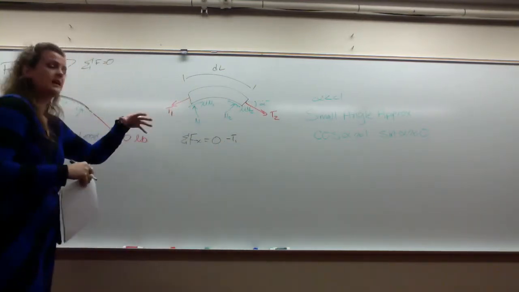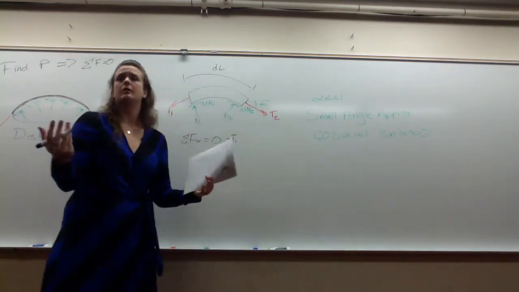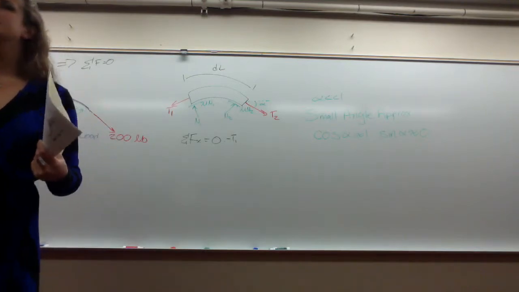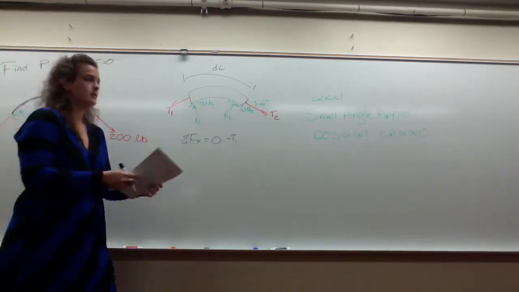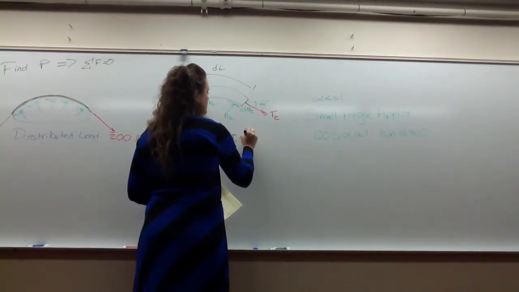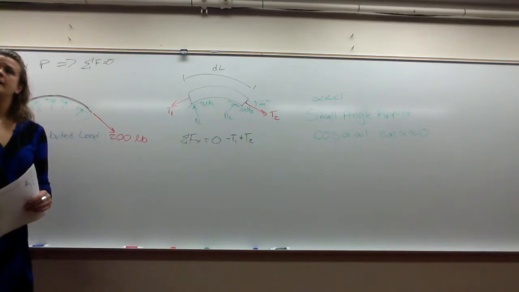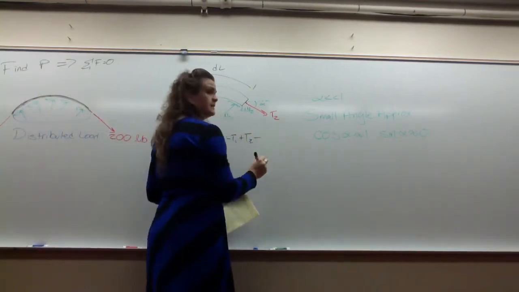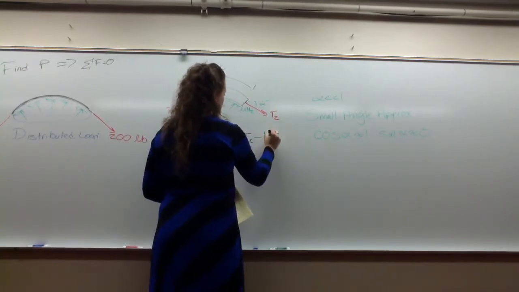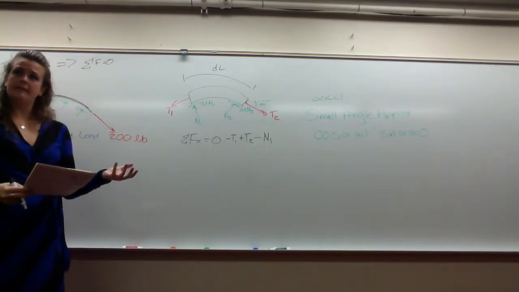So times cosine alpha, we'll assume that that's 1, so we don't need to put it on the board. Does that make sense, though? So negative T1 plus T2 minus N, angle's still alpha.